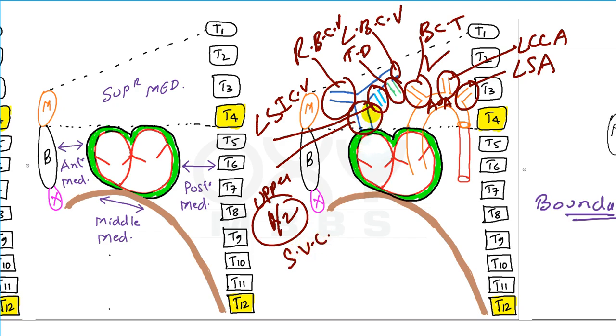So if upper half of the superior vena cava is present in the superior mediastinum, obviously the lower half of the superior vena cava will be present in the middle mediastinum.